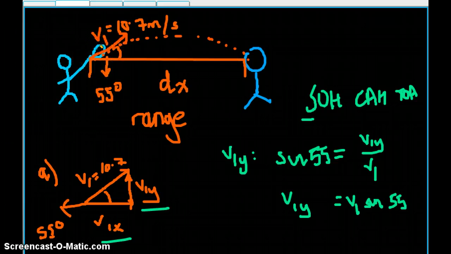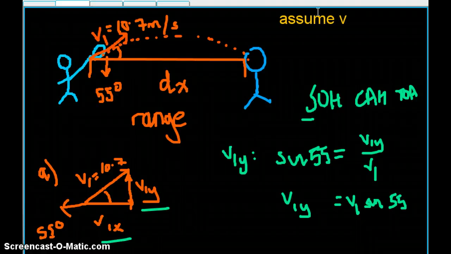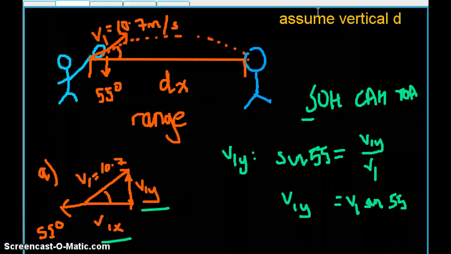That's our reference point. So just in case it's confusing anyone, I'll write it down here. I'm just going to say assume vertical d is 0. So that's the reference point. The point where Breeze is launching it from is 0 meters.